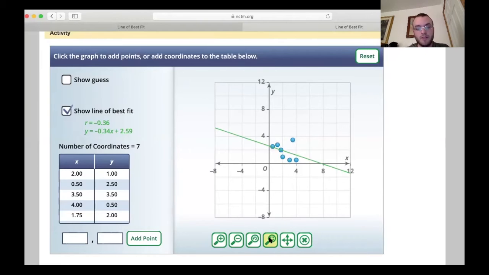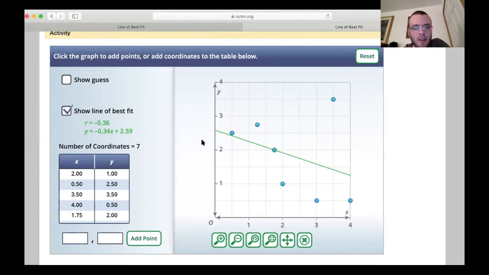So let me zoom back in. Our line of best fit is intercepting the y-axis when y is 2.59. And it looks like a little bit above 2.5, so yeah, that's probably right. And it has a negative slope, right, because it has a negative correlation.